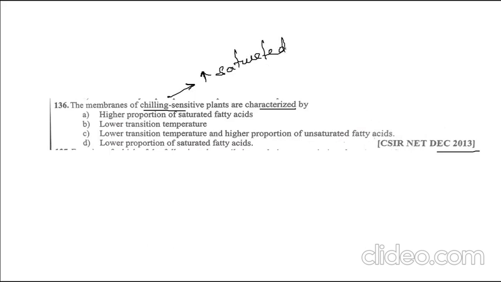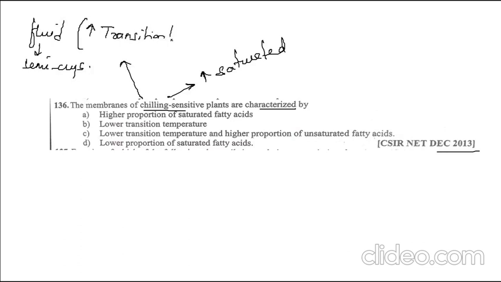And what about their transition temperature? This chilling sensitive plant favors the formation of fluid to semi-crystalline, so in that case transition temperature is higher. We discussed this in the last slide.